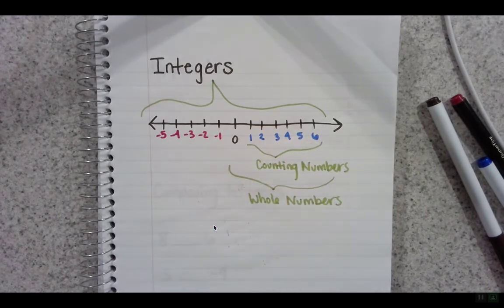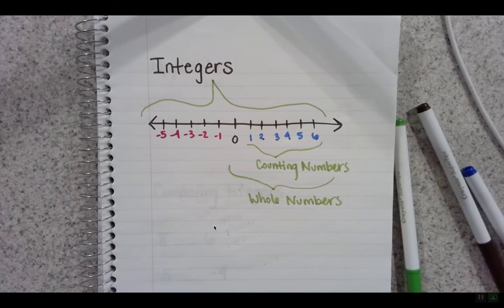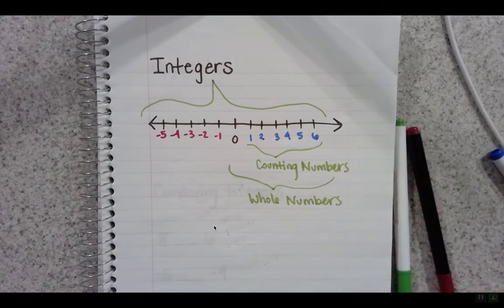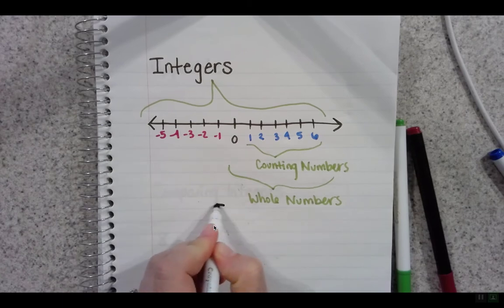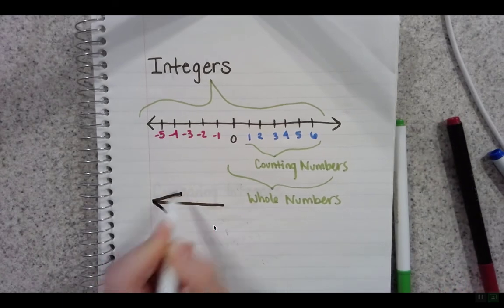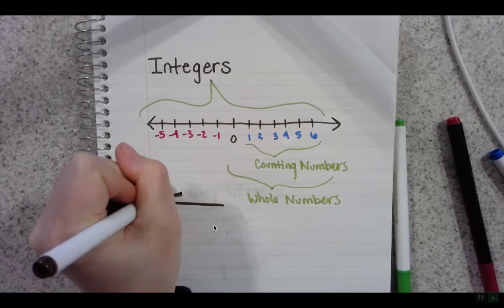We're going to be doing a lot of math with integers. We're going to be doing math with both positives and negatives, learning how to add, subtract, multiply, and divide with positives and negatives. Okay, so the number line is a great visual that we're going to be using a lot lately. Something to understand with the number line is as you head further and further to the left, numbers get smaller.